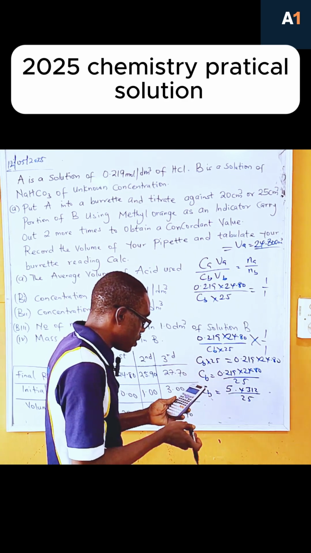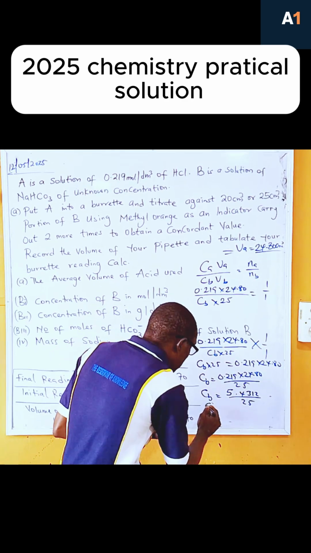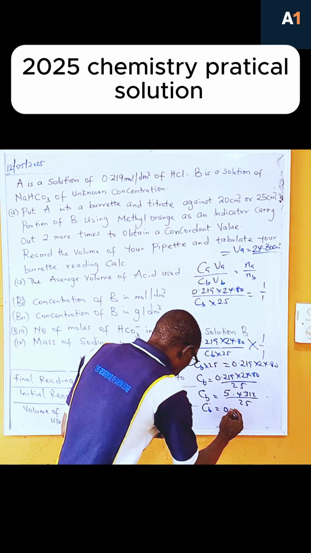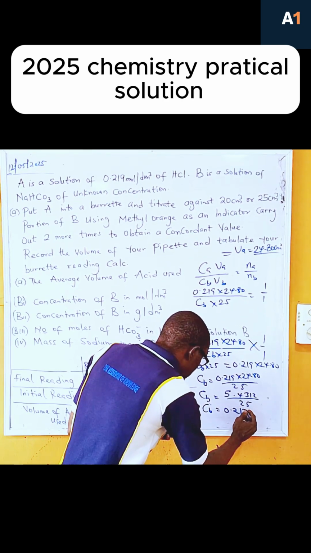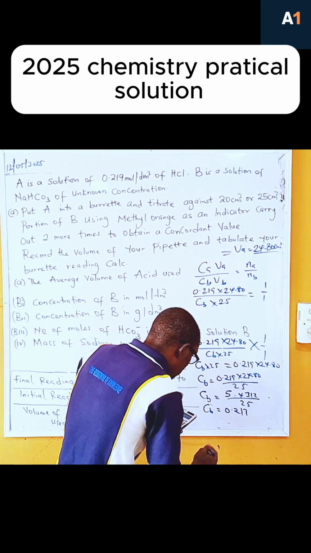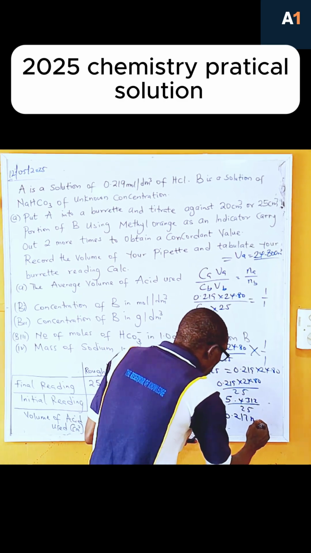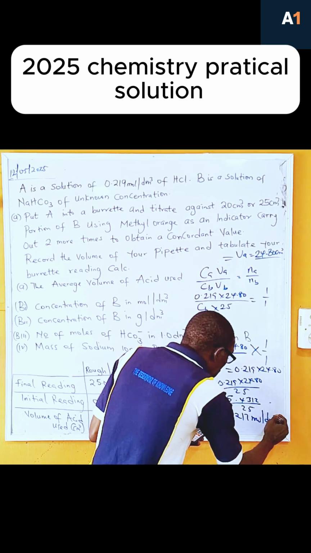So we have the concentration of B, that is Cb, equal to 0.217. 0.217 is the concentration, which is mole per decimeter cube.